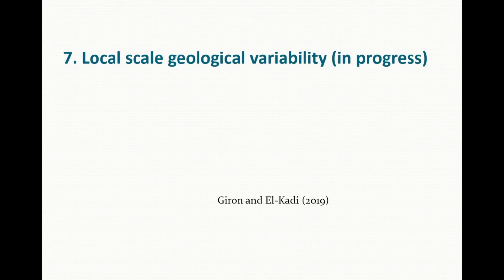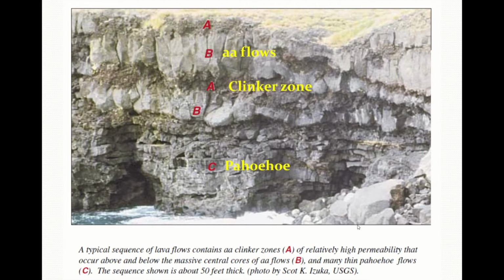The next one is the local scale geological variability, which was done with one of the REU students, just in the past summer. So let us say this is just a basalt formation, which is a number of flows, and that can range from clinker zones, which are highly conductive, and flows and pahoehoe.